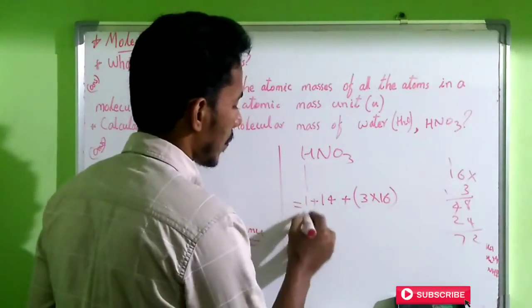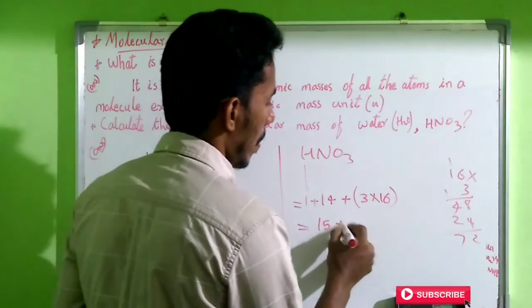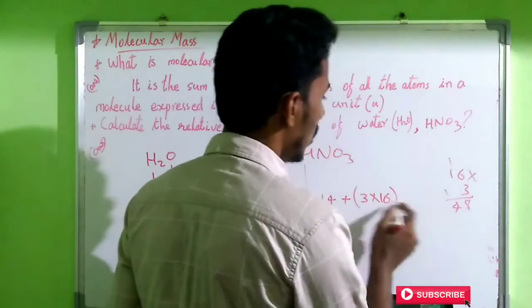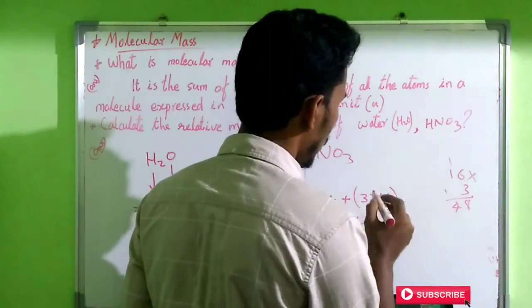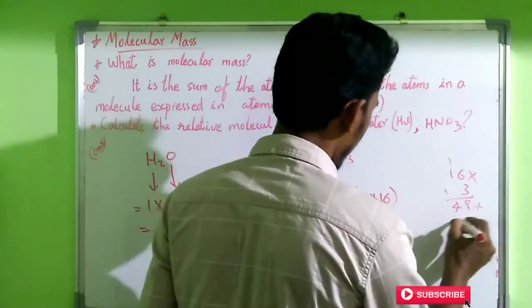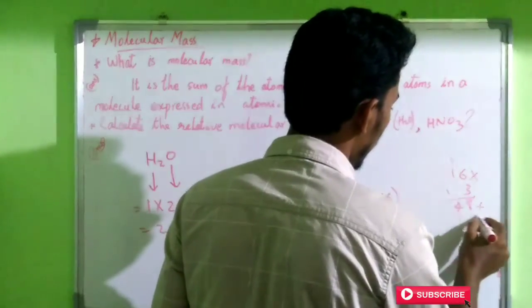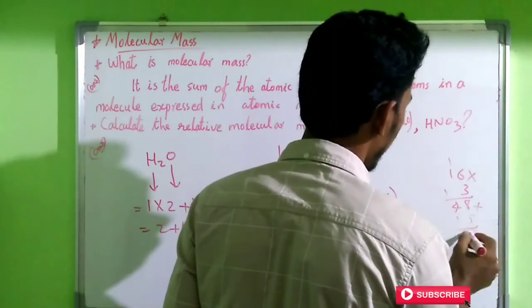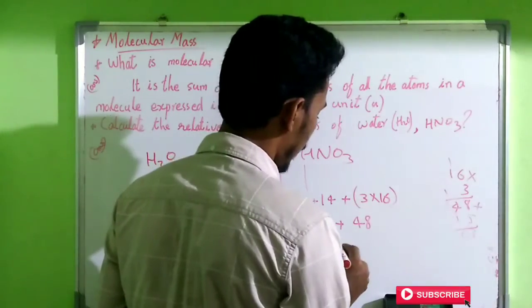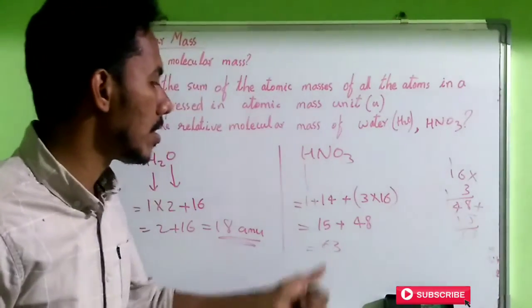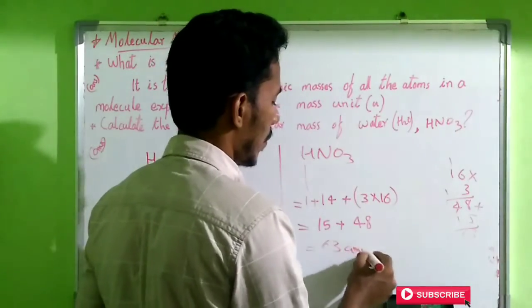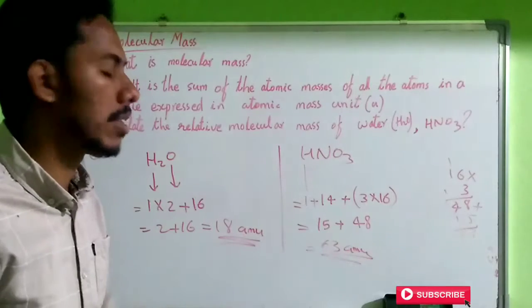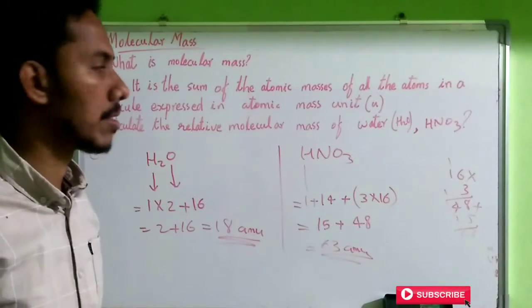So 16 into 3 means 48. 48 plus 15 means 63. Okay, 63 AMU. The molecular mass of HNO3 is 63 atomic mass unit.